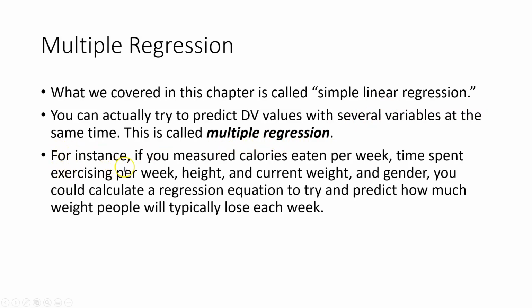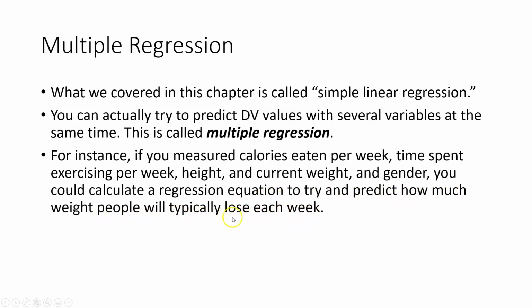An example of that might be if you measured calories eaten per week and time spent exercising per week and somebody's height and their current weight and their gender, then you could calculate a regression equation to try and predict how much weight people would typically lose each week as the outcome variable.